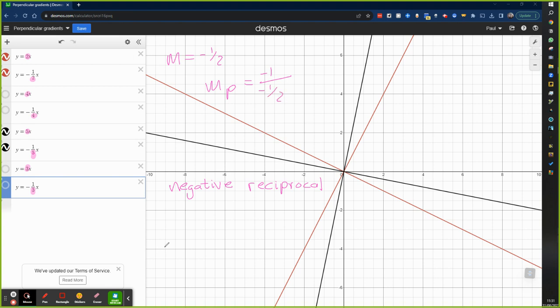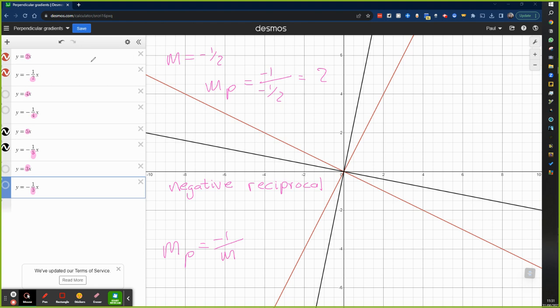I'm just going to write down here that, remember, the perpendicular gradient is equal to -1 over the regular gradient. So we can see that the negative symbols cancel out. 1 divided by 1/2, if you tap it into a calculator, is 2. So it works both ways.